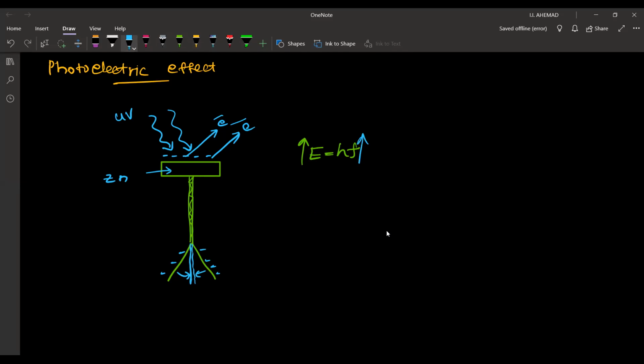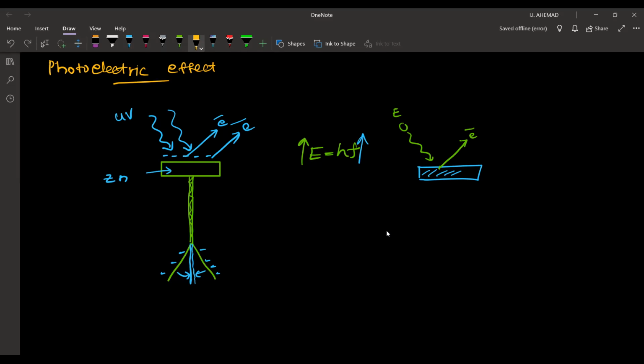So the idea is simple. A photon that has sufficient energy can remove an electron from the surface. So now let's say we have a photon that has more energy.